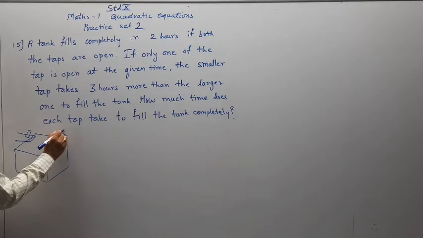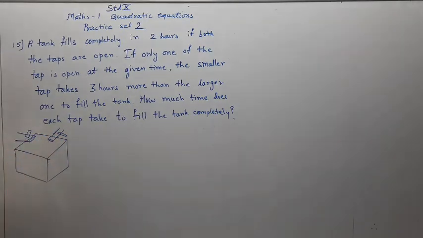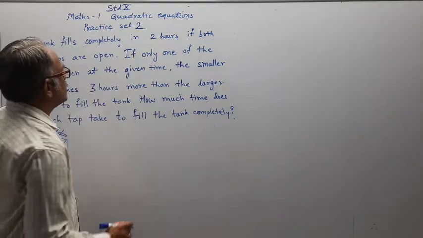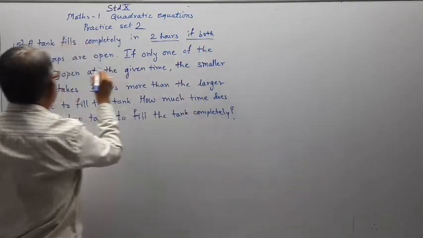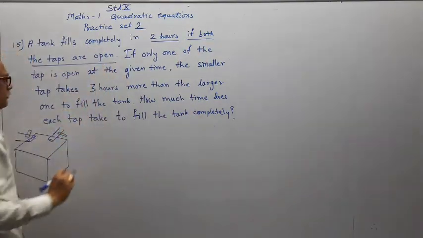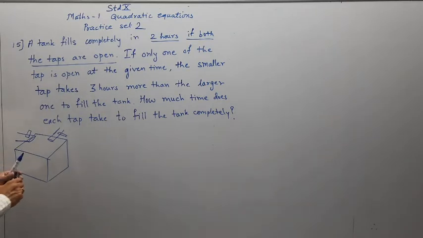Sometimes water is flowing through both the taps and entering the tank, and the tank gets filled within 2 hours if both taps are open. Sometimes only the bigger tap can be open, only the smaller can be open.